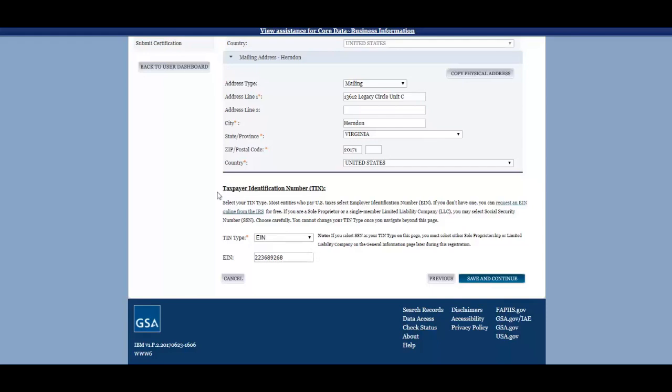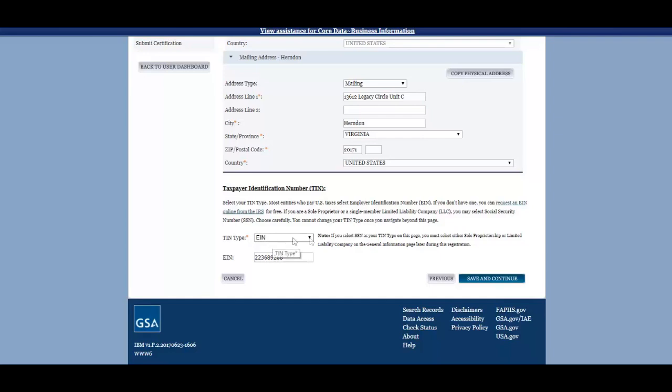Okay, next is a taxpayer ID number. As you know, every business has one of those. That's what appears on your W-2 for any business you work for as a full-time or part-time employee. You usually get that at the beginning of the following year after December 31st.